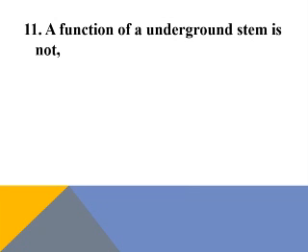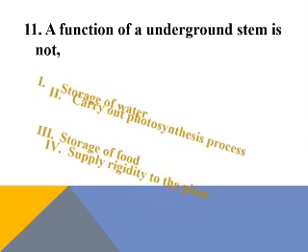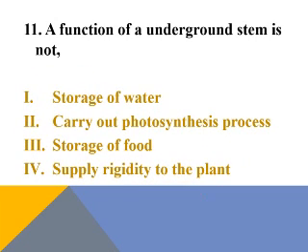Storage of water and food are functions of the underground stem, as well as giving rigidity to the plant. But underground stems can't do photosynthesis because they can't absorb the sunlight needed for photosynthesis. So here the answer should be the second one. Carrying out the photosynthesis process is not a function of the underground stem.